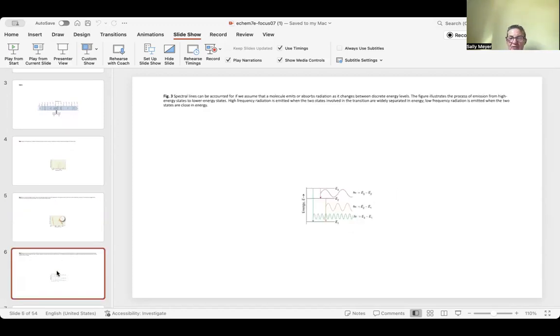And so the important thing that comes out of this is the idea of the Bohr principle. It's not the correspondence principle, that's a different one. So this is just the idea that we know that if the electron is going down in energy and giving off light, that that photon of light has to have an energy that's equal to the difference of the two energy states.